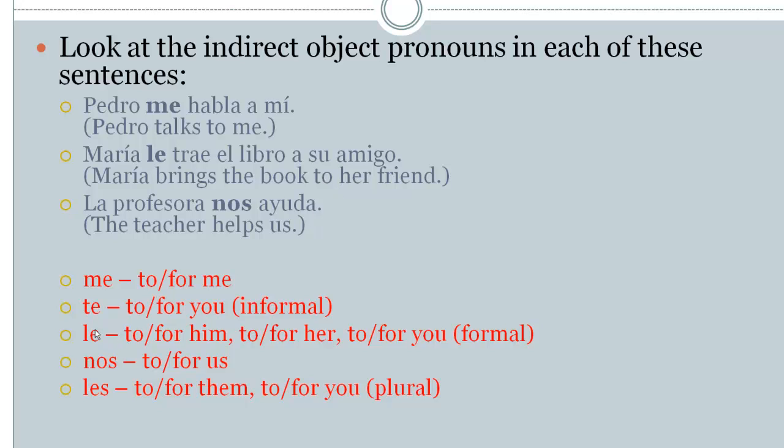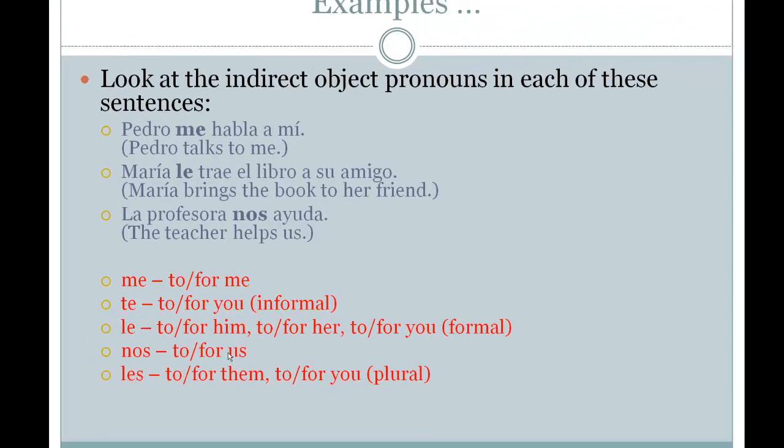La profesora nos ayuda. The teacher helps us. So look at the bottom. Nos, to us, helping us or for us.